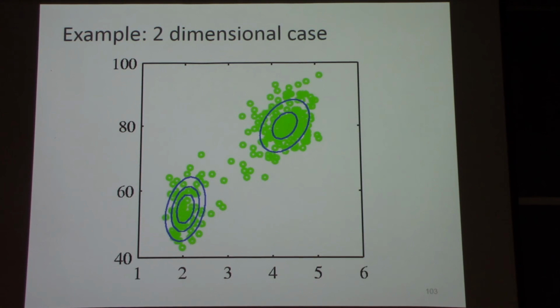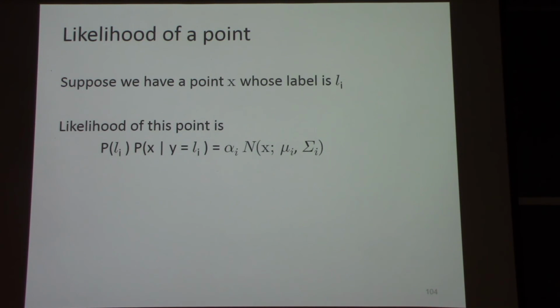Similar thing you can talk about in 2-dimensional cases where you have a group of Gaussians and you roll a die, pick one of them first, and then you draw a sample from that Gaussian. So if I have a point X whose label is Li, I can write down what's the likelihood of that point.